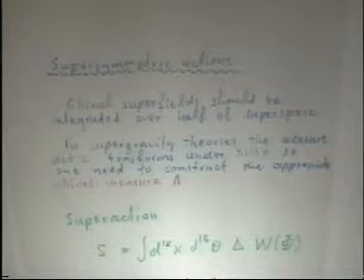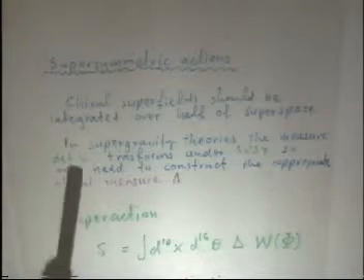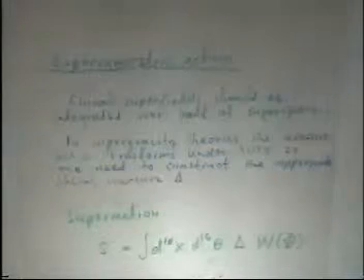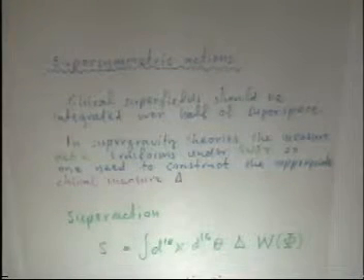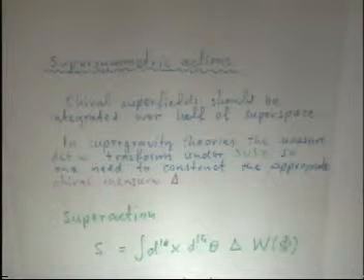Chiral superfields in 4 dimensions are usually integrated over half of superspace. Now in supergravity theories, the measure also transforms under supersymmetry, so one would need to construct also the appropriate chiral measure delta.